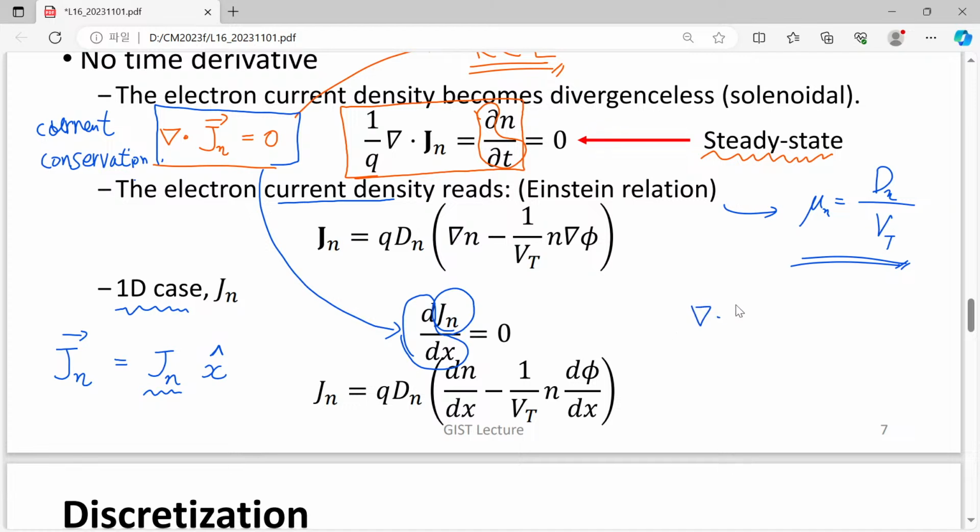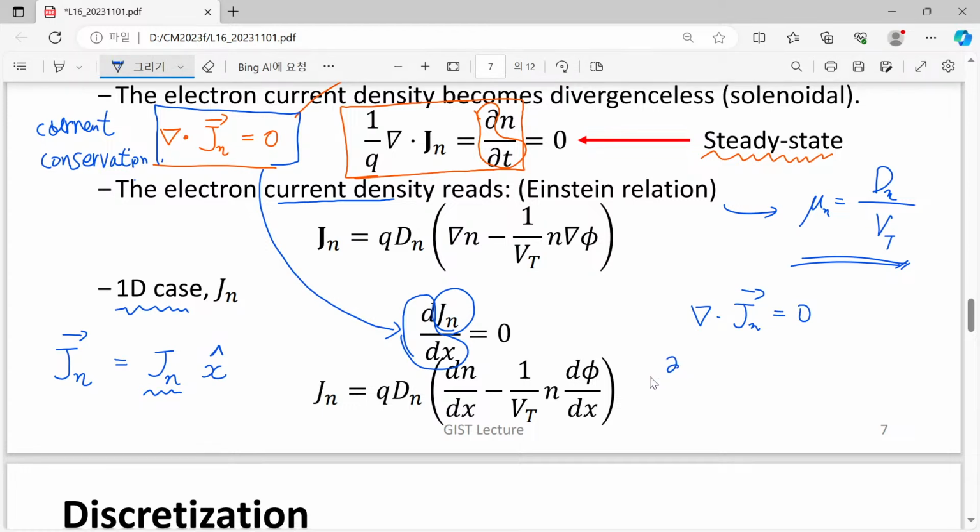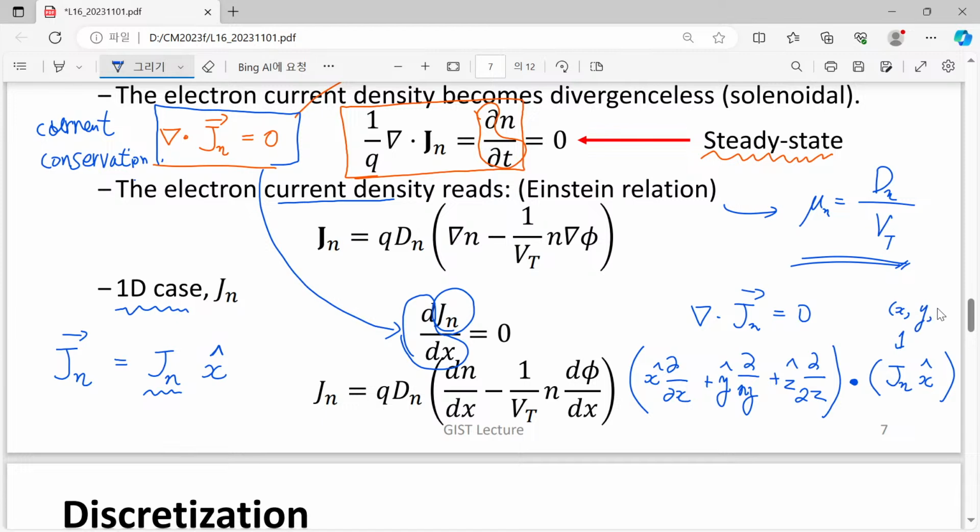So simply speaking, this is a three-dimensional form, and this is x, y, and z, that is this gradient operator, that operator, and here we have only J sub n times x unit vector, and of course this J sub n is only a function of x, not dependent on y and z.